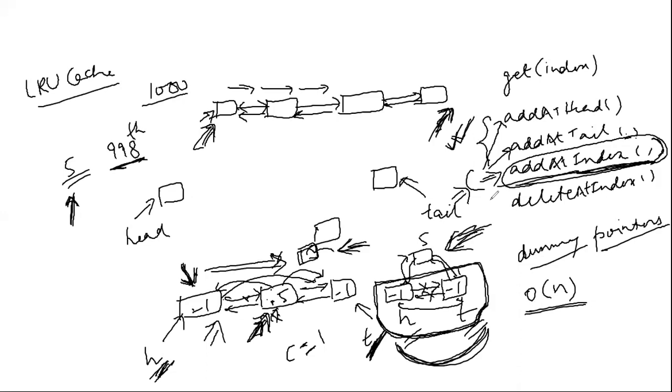So the current count always means where the pointer is. Up to that, we can keep the count. But then you are removing also, right? So you have to update all the subsequent guys. Yeah, that's what I'm saying. In each function, get, add head, add tail, add index, and delete, all functions will update that count.